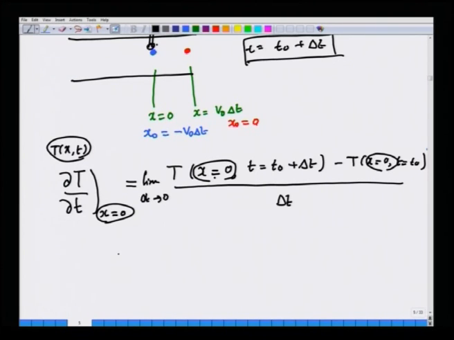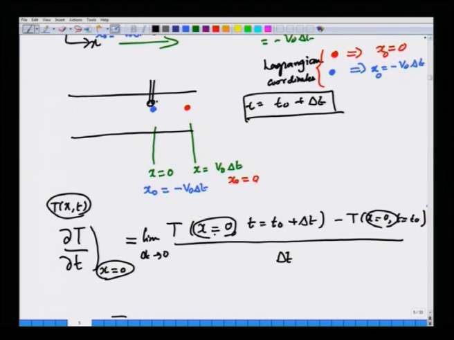Now let us try to understand what this means. At x equal to 0, at time t equal to t0 plus delta t, let us look at the picture. At x equal to 0, the particle that is occupying it is the blue particle.